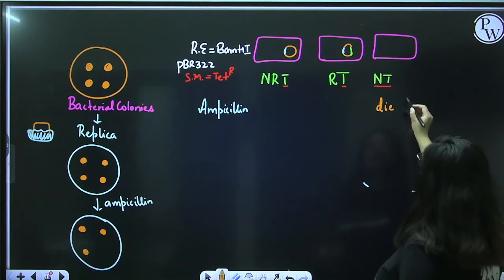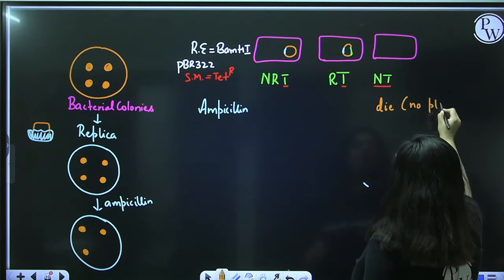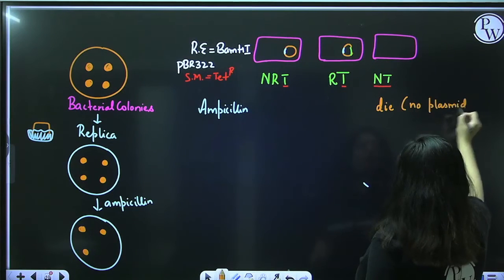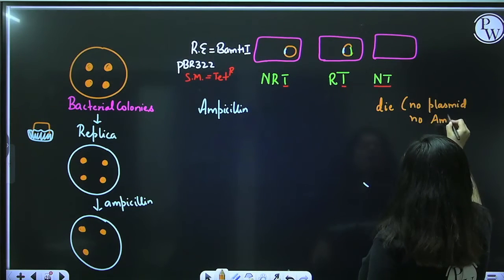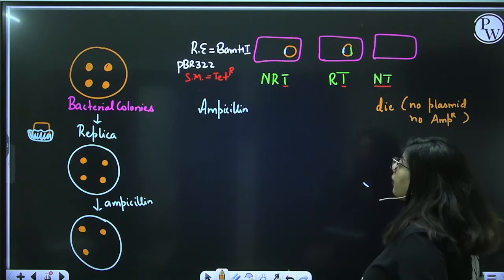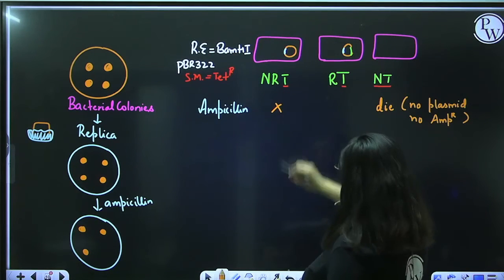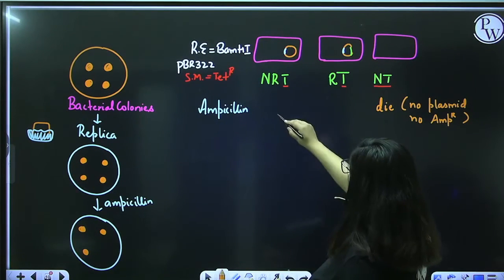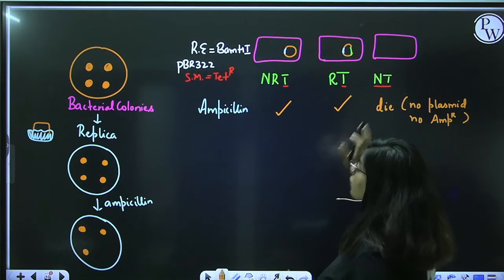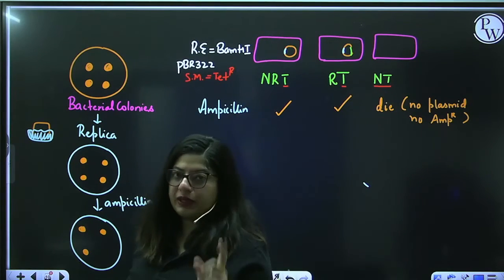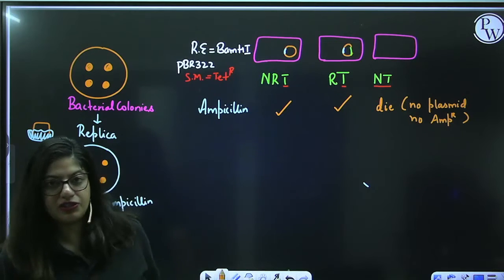Okay, so why did they die? There is no plasmid, no ampicillin resistant gene. So these die, these survive.